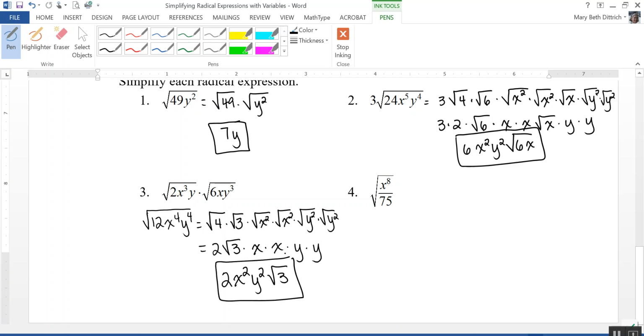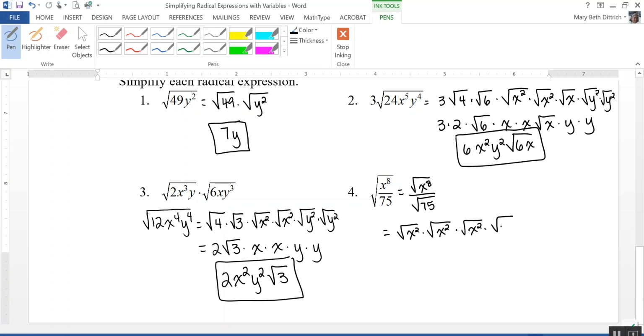And my last practice problem here is the square root of x to the 8th over 75. So I will rewrite that as the square root of x to the 8th over the square root of 75. And I'm going to move it down here. Square root of x to the 8th is 4 square roots of x squared.